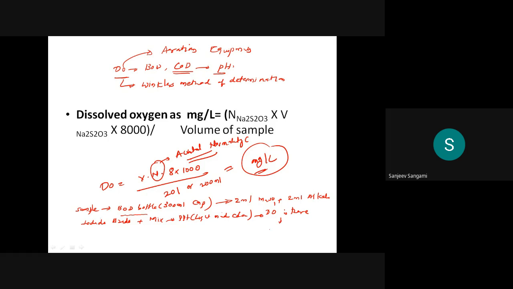If you get a white precipitate, remember, then DO is absent. But how much is there, we have to find with the help of the titration method. So if a mud color forms, then mix it well.